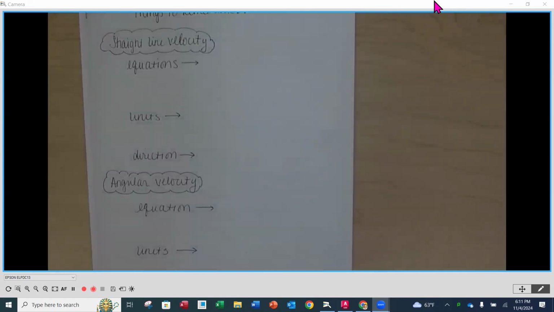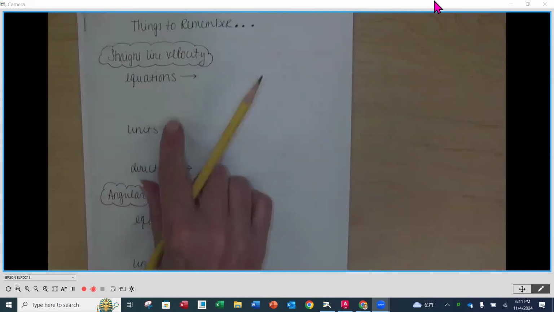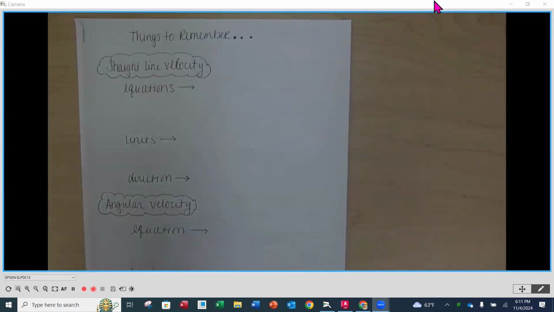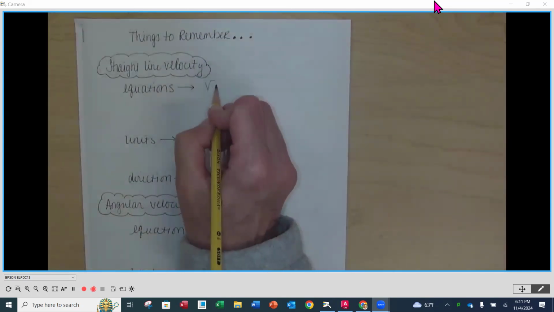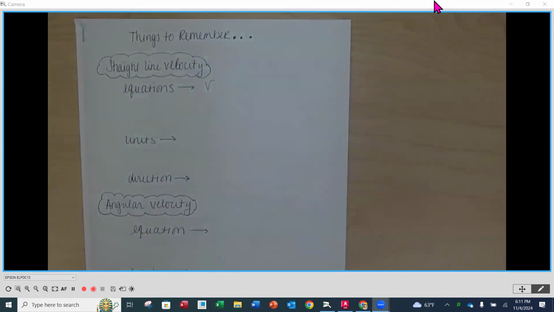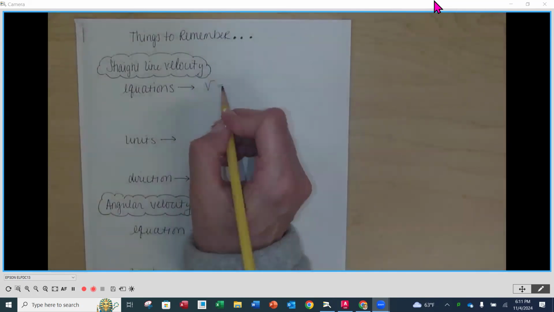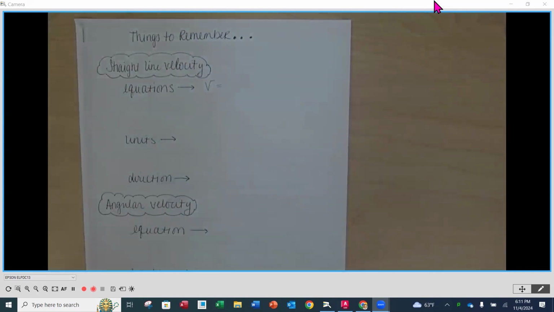Okay, let's start looking at filling some of this in, or just making sure you have what you need. Straight line velocity is always going to have V as its variable. There were two straight line velocities that we saw.